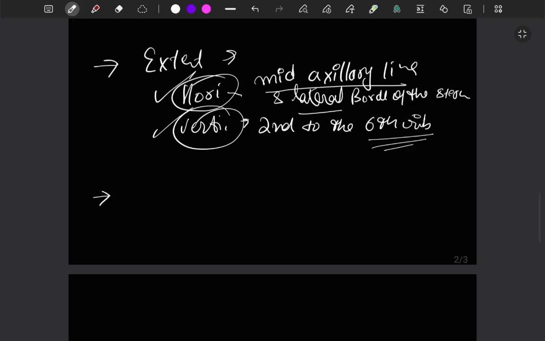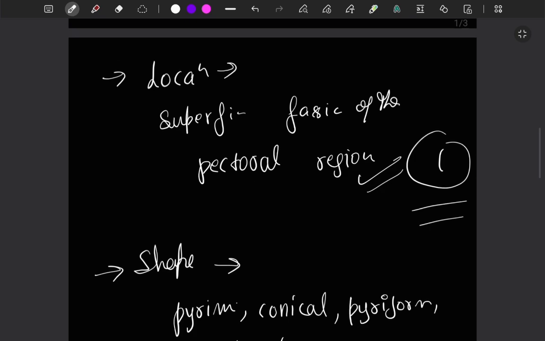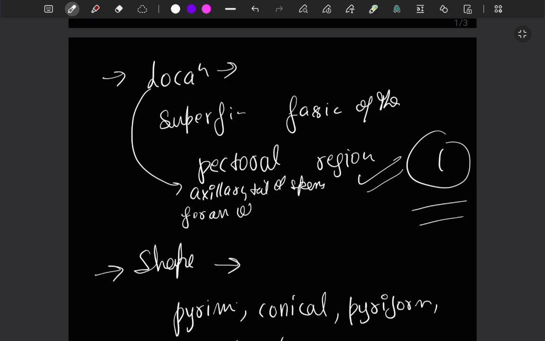One more thing in the location part. There is the axillary tail of Spencer and the foramen of Langer.